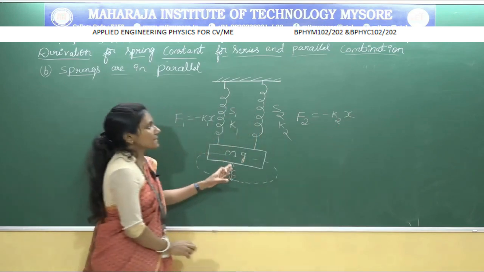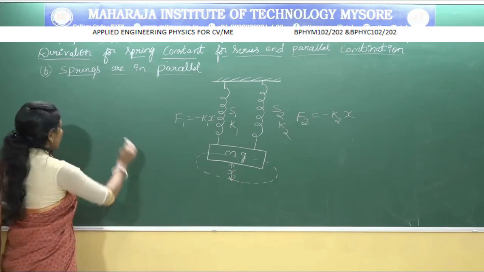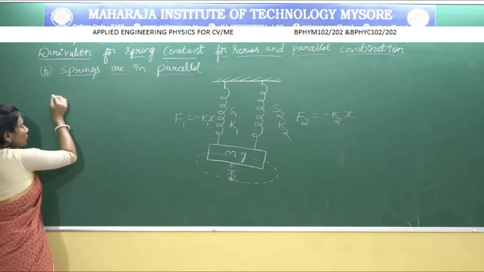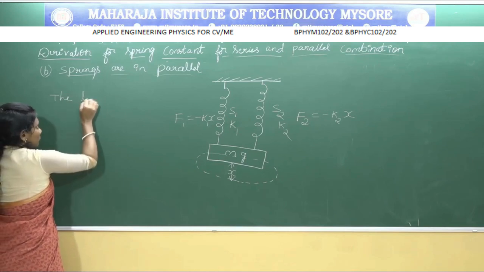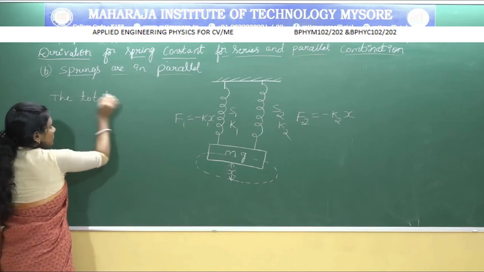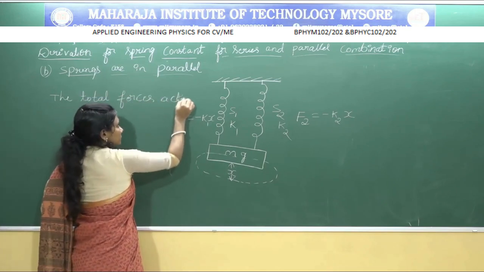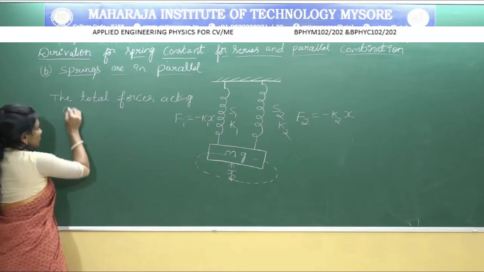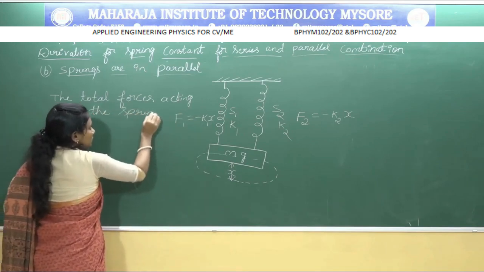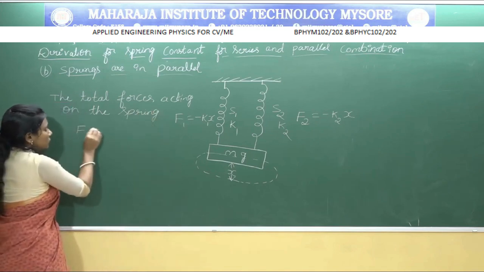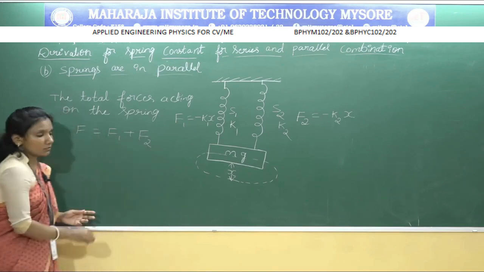The total increase in the length of the spring is x. Therefore, the total force acting on the spring is F is equal to F1 plus F2.